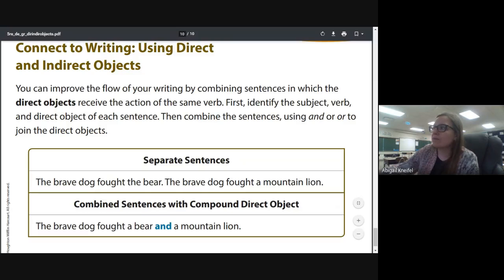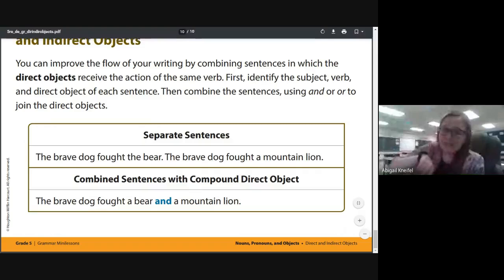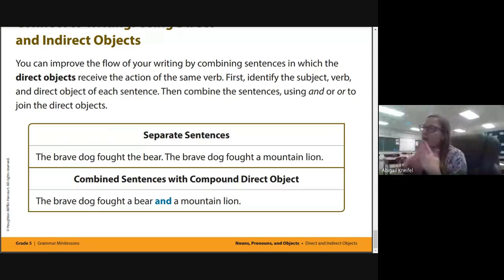So sometimes this just helps when we're writing. We can improve our sentences by combining sentences with compound direct objects. Here's a good example. Here are some really basic sentences, but by combining them, it makes our writing flow a little bit better. The brave dog fought the bear. The brave dog fought a mountain lion.